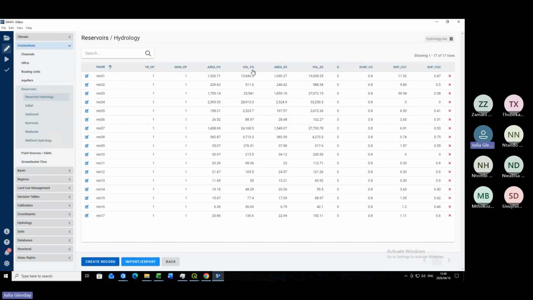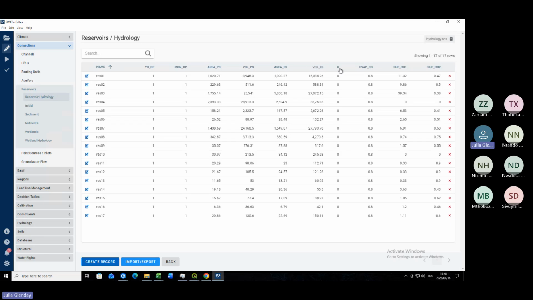But it has an area of the emergency, what they call the emergency spillway, and then a volume. These are in hectares, and then it's a weird measure, but it's 10 to the power of 4 cubic meters. So it's not 1,000 and it's not 1,000,000, but they do that because it's the equivalent of a meter of water over a hectare of land, I think.